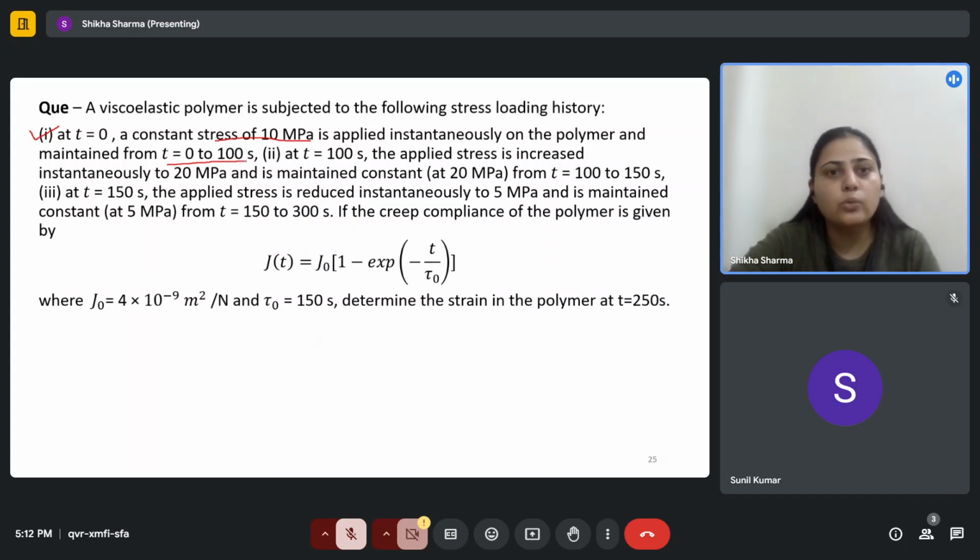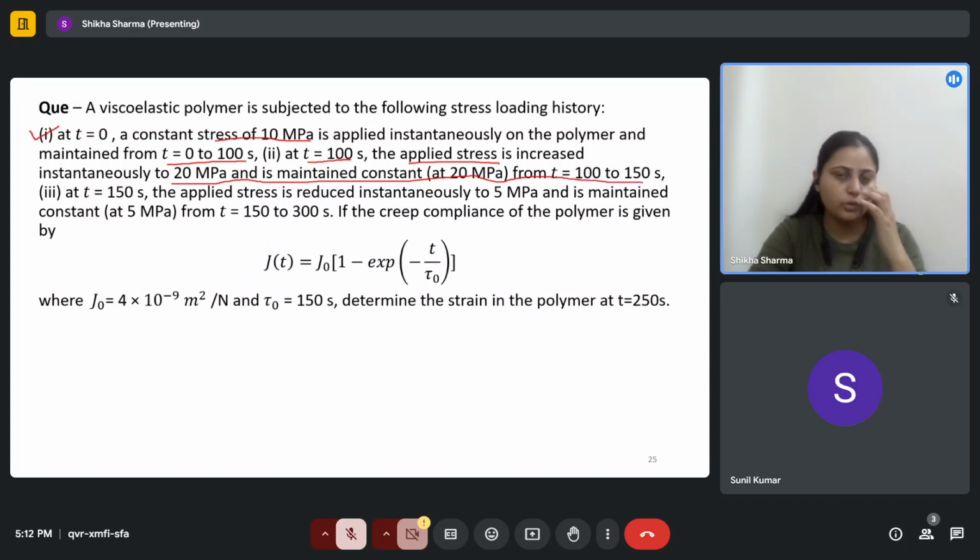So from 0 to 100 seconds, 10 megapascal stress is applied. In the second stage, at t equals 100, the applied stress is increased instantaneously to 20 megapascal and maintained constant from 100 to 150 seconds.